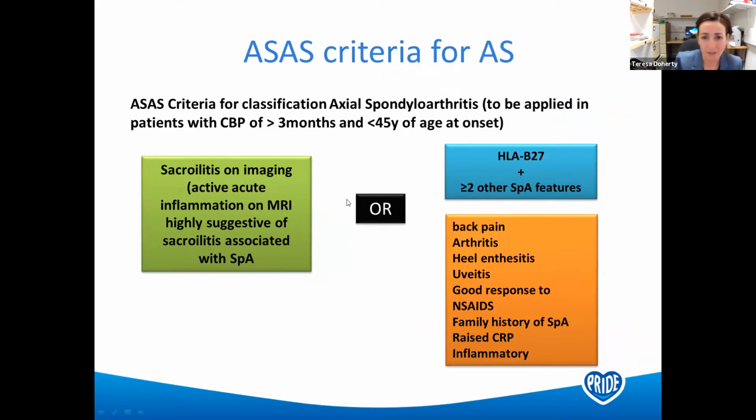If they don't have that, but they have a positive HLA-B27 marker and 2 of these features: inflammatory back pain, arthritis, heel enthesitis, uveitis, good response to NSAIDs, family history, raised CRP, and CRP is more specific than ESR, then you've got enough. So you just need two or more of those.